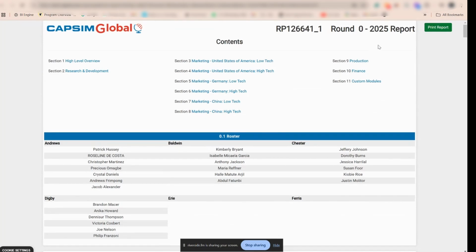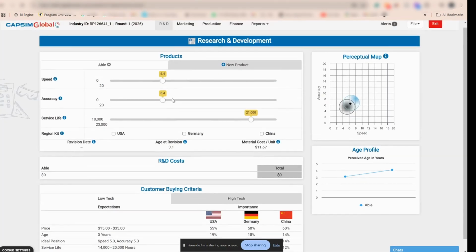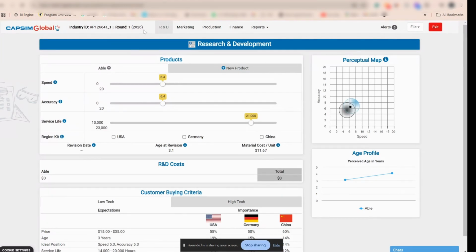So this is the end of 2025. That's why if you go into the actual simulation, you will see it's 2026. So this is the plan for 2026, basically. So we're probably sometime in December having our end of year planning session for 2026. That's what this actually means, right?